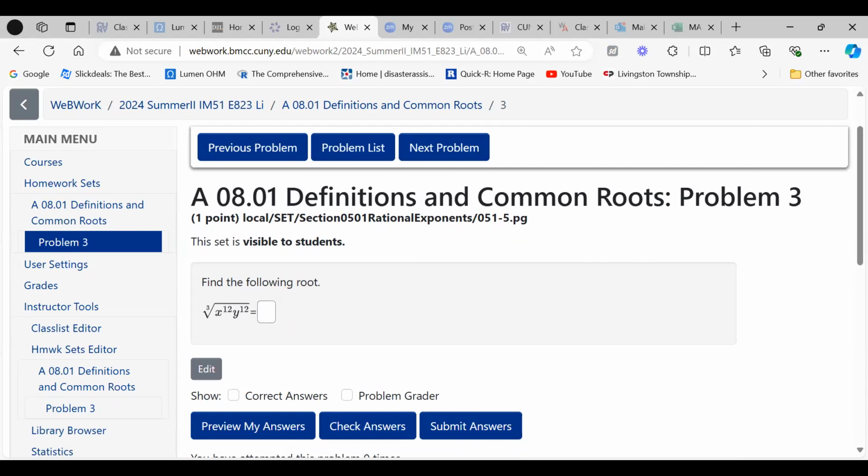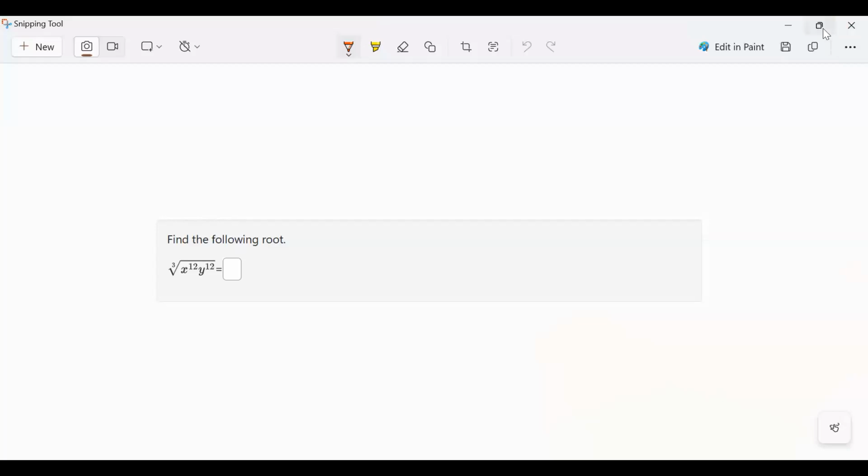So cubic root, any root, right? I'm going to show you a general method. Let's say you get any root, cubic root, fourth root, or any other root. That's a general property used to solve this. Let's say this root is the nth root. I'll get x to the a and y to the b.